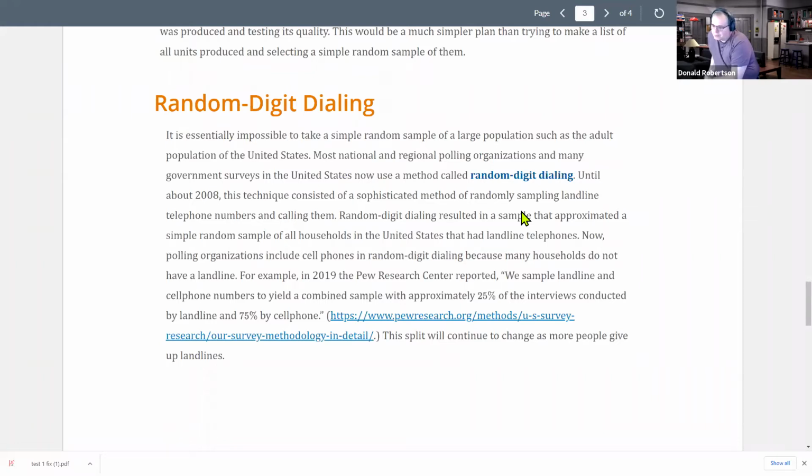They have a computerized system that basically will randomly pick numbers until there's one that actually exists. And then that one is sent to the operator, and the operator hits a button and it phones you. And then when you pick up, they say, hello, we're conducting a survey about who you're going to vote for or what your opinion of abortion is. And that's how they get through.